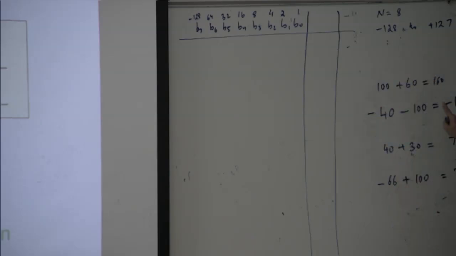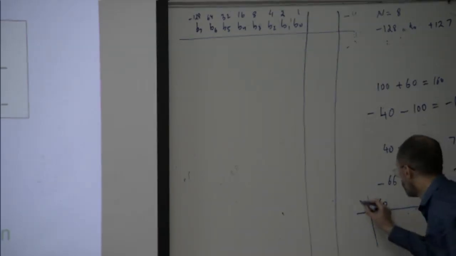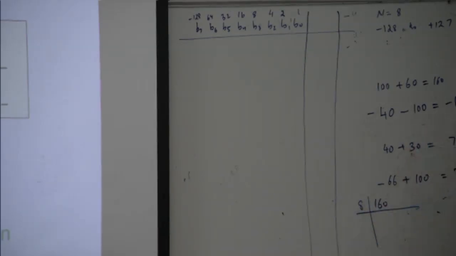Now, how can we compute 160? I'm repeating all of the previous things. We divide it by 8, 10, 20, and then 0.